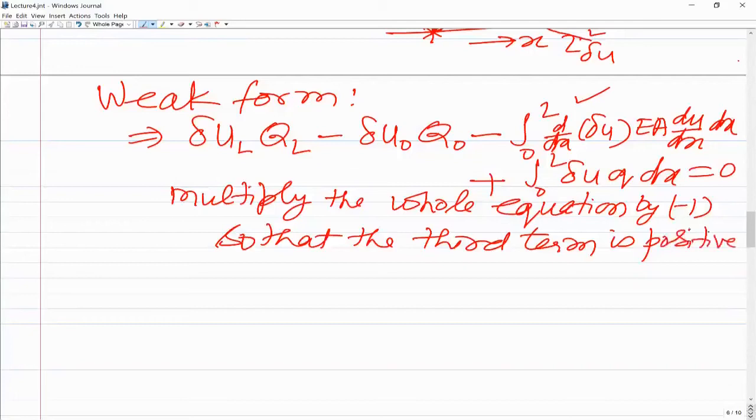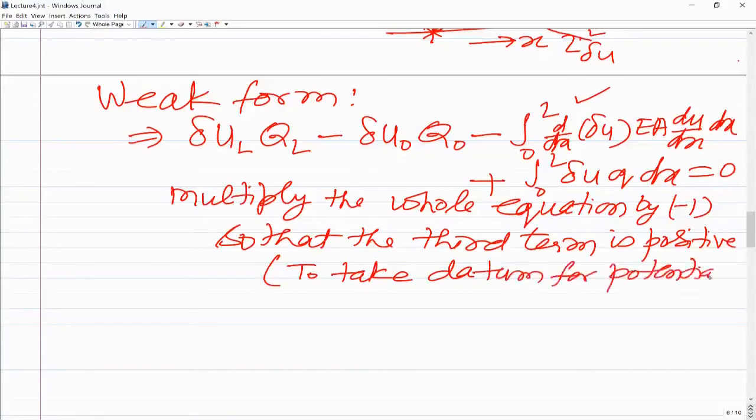This integral term basically we want to make positive, so our aim is to take the datum for potential energy as the undeformed configuration.